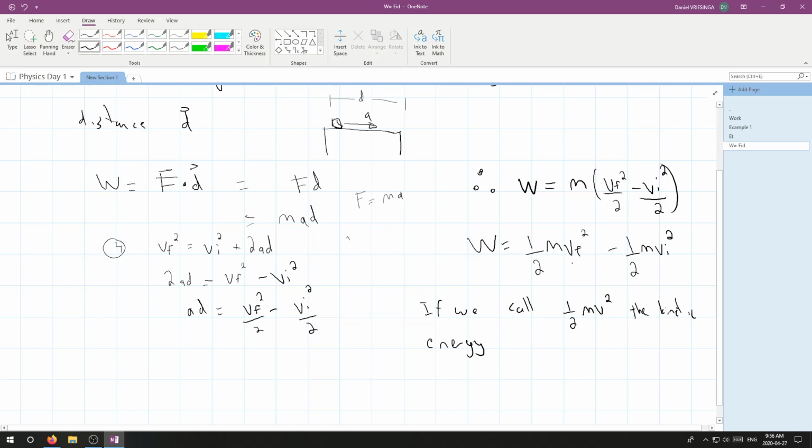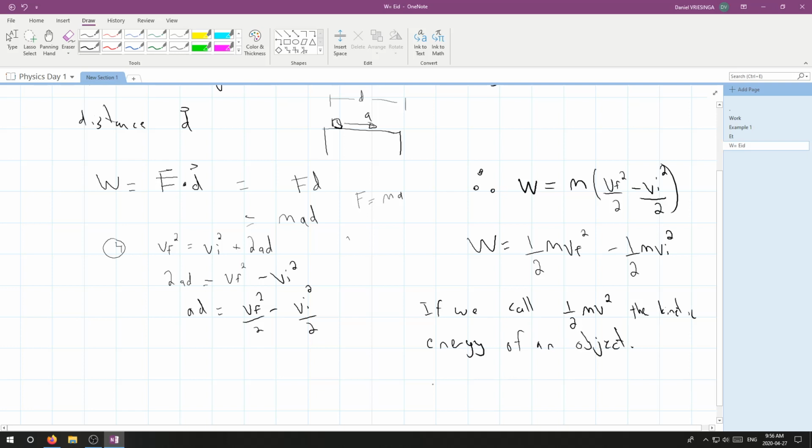And so it's the energy of an object that's moving. We're looking at the energy that an object has when it's moving.